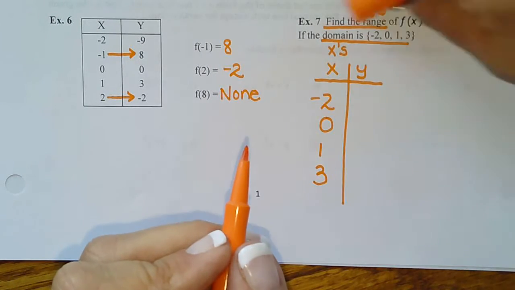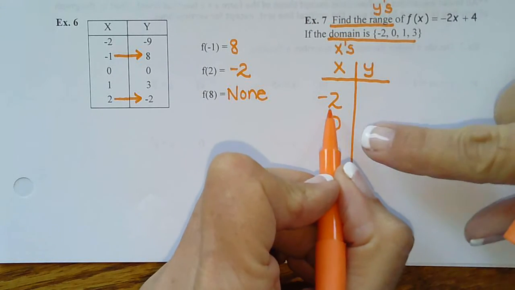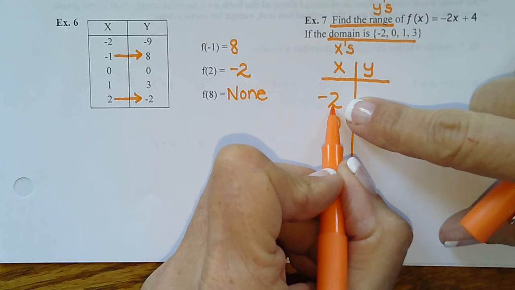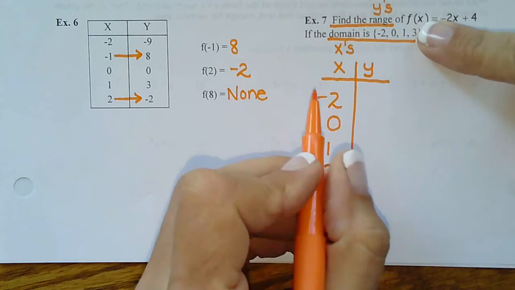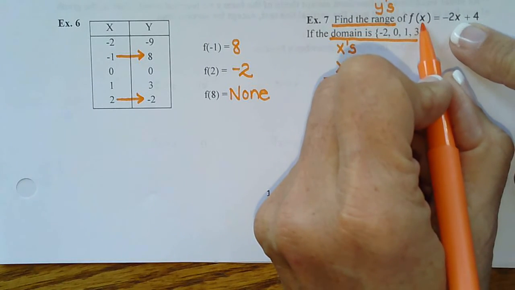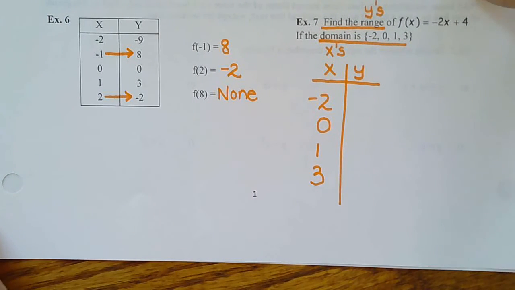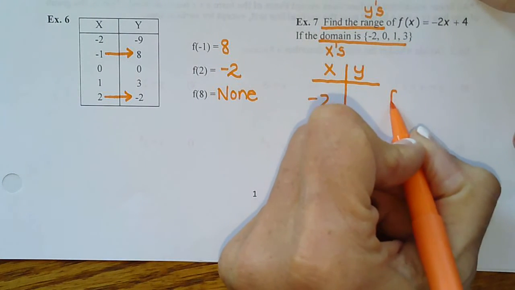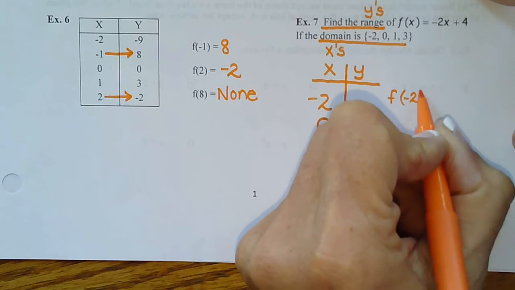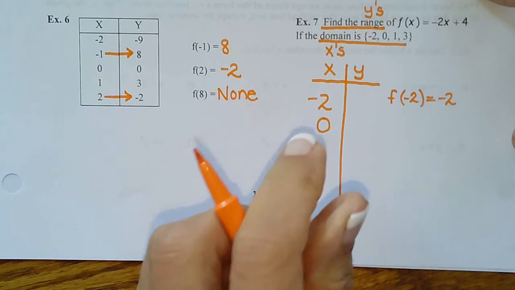So using our methods from example 4 and 5 above, we're going to do the same thing. This says make x -2. So I go up to my original problem, and everywhere I see an x, I see 2 of them, I'm going to put -2. So f of -2 is -2, and we're inputting a negative.